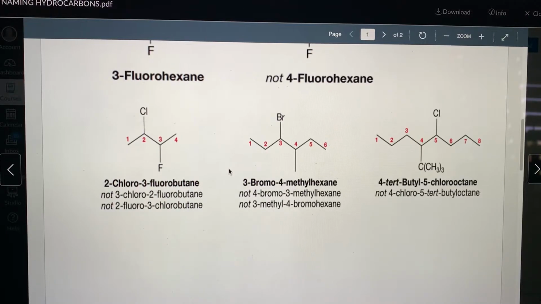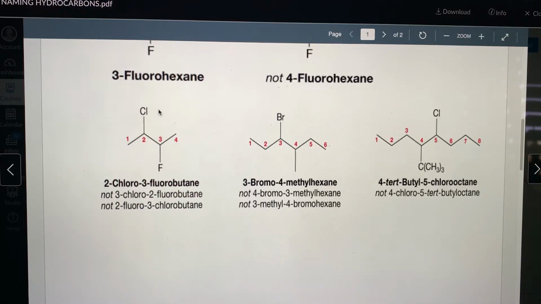All right, here's a few more examples. What if you have 2 substituents? And that's a tie. If you go from left to right, you get the first branch at carbon number 2. If you go from right to left, you get the first branch also at carbon number 2. But now you're debating, chloro versus fluoro, which one takes precedence?